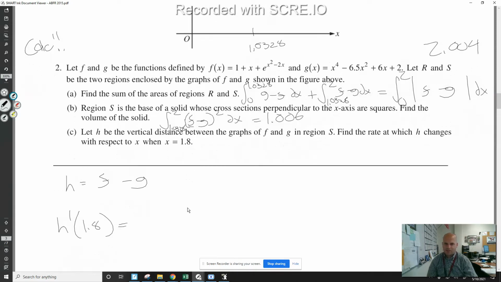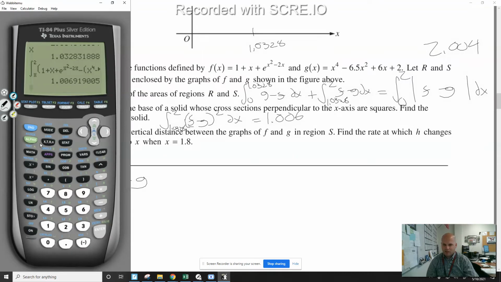I'm not going to take the derivative by hand, I'm just going to use my calculator, taking the derivative of f minus g at 1.8. So 1 plus x plus e to the... This is just so annoying to plug in. I feel like there are ways to do this a little bit quicker, but whatever. Minus g, x to the fourth. Minus.